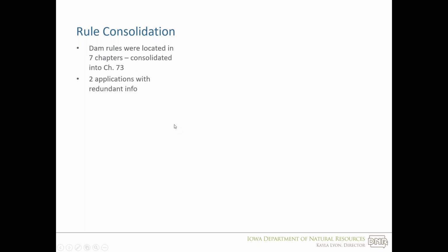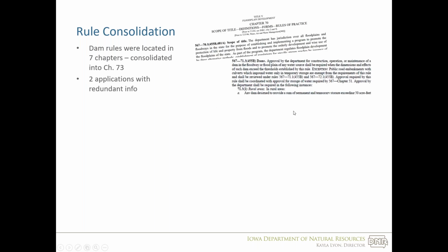We also used to have 2 separate applications with redundant information that needed to be submitted to get the water storage permit and the floodplain dam safety permit. And now that has been combined into the same single application.